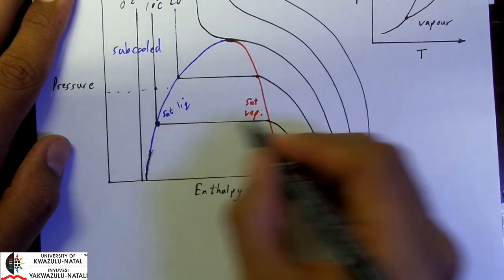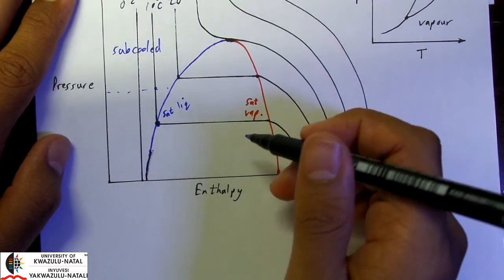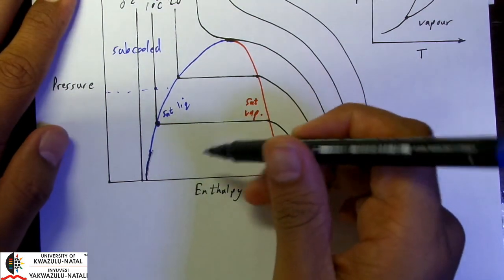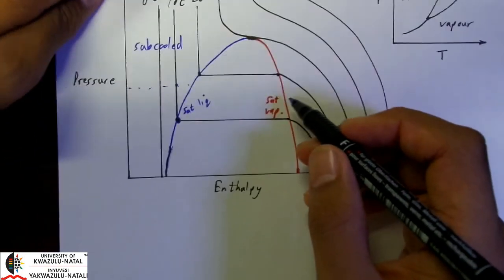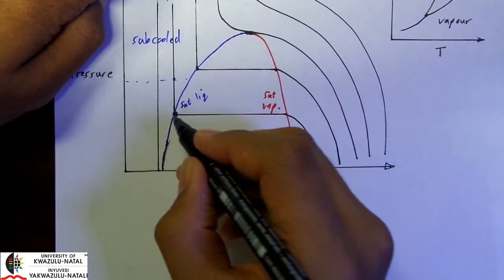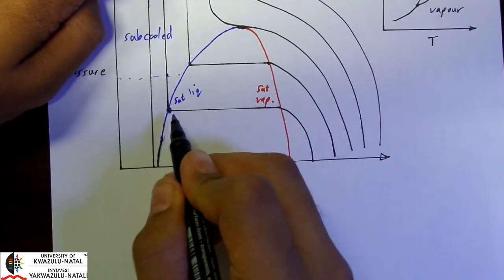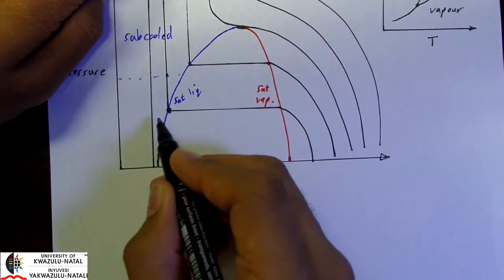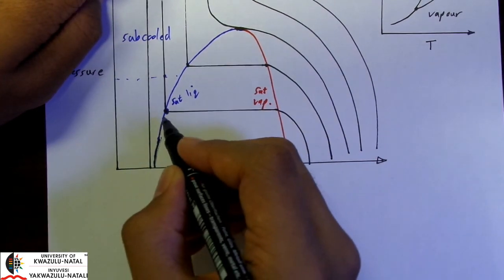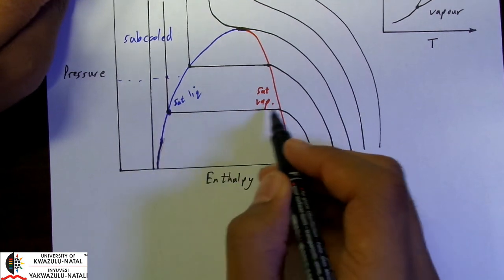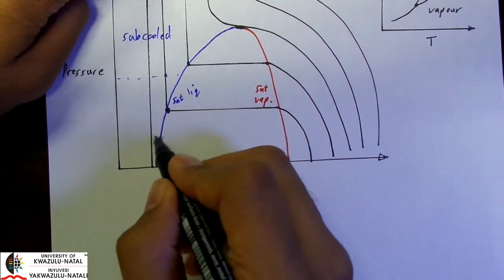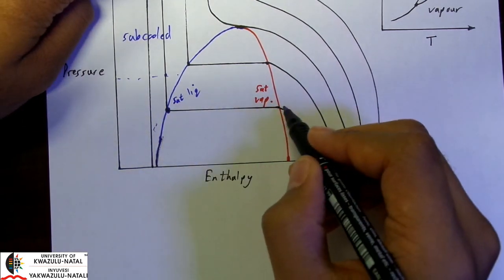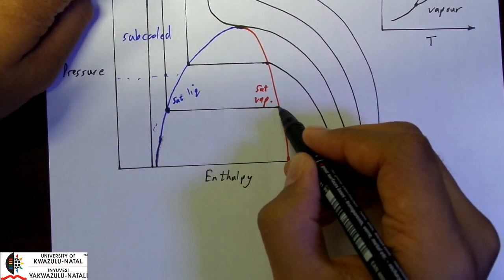It's a flat line because our phase transition occurs at constant temperature and constant pressure. Okay, so if we heat up any further, then we will end up in this region, and if we want to completely vaporize our compound, we need to provide it with enough enthalpy to get beyond the saturated vapor line.